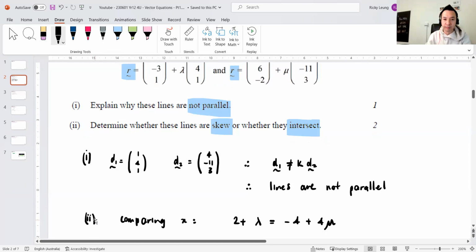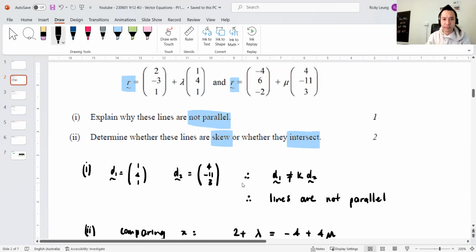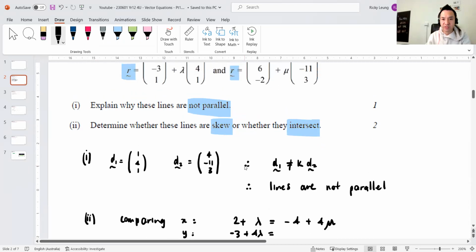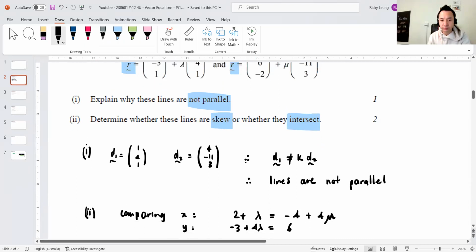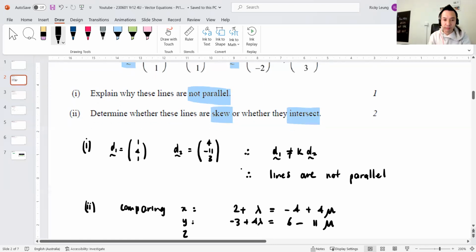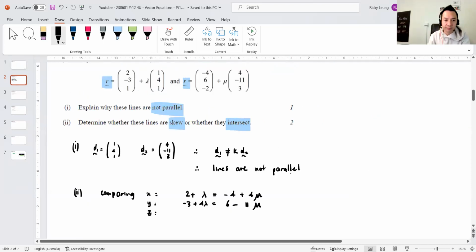Comparing y's, I've got -3 plus 4 lambda equals 6 minus 11 mu. Did I do that right? Let me see. Hopefully, yeah, cool. And then comparing z's. This one I can zoom out a bit just to show you what I'm looking at. Then you get 1 plus lambda equals -2 plus 3 mu.